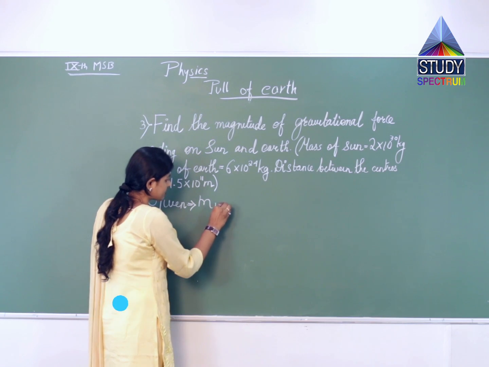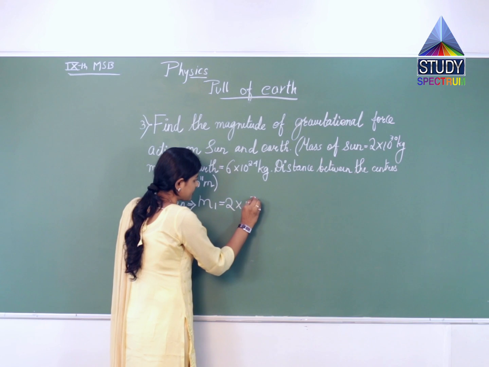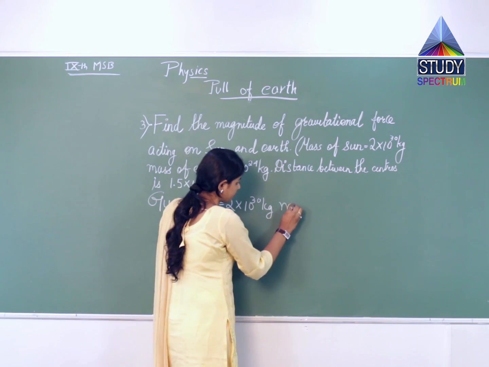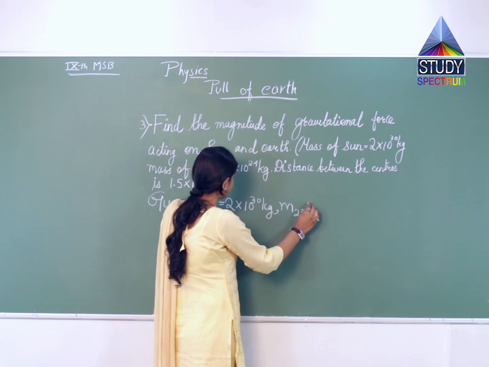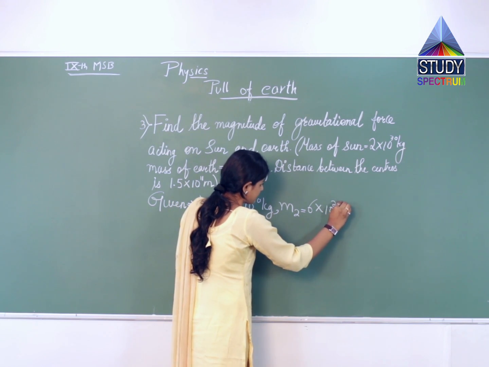m1, which is the mass of the Sun, is 2 into 10 raised to 30 kgs. m2, which is the mass of the Earth, is 6 into 10 raised to 24 kgs.